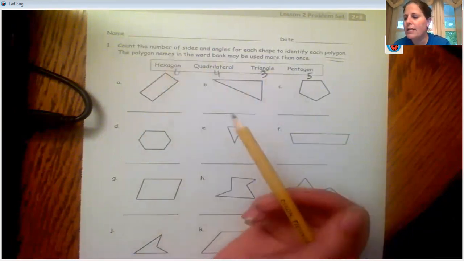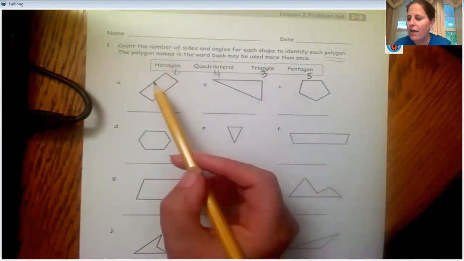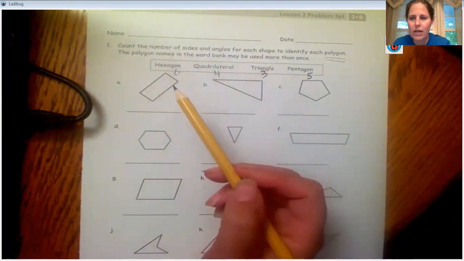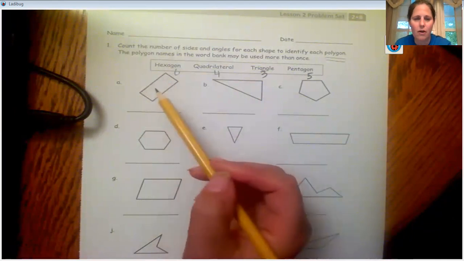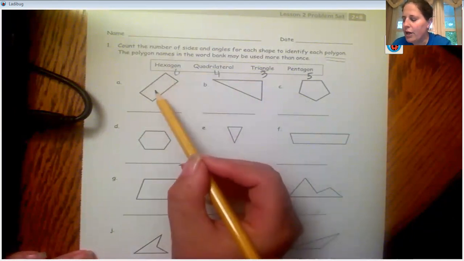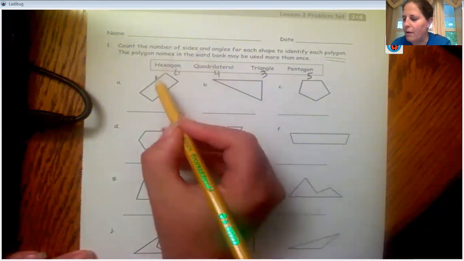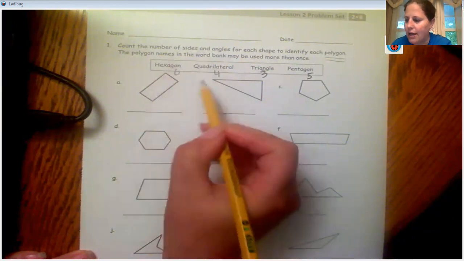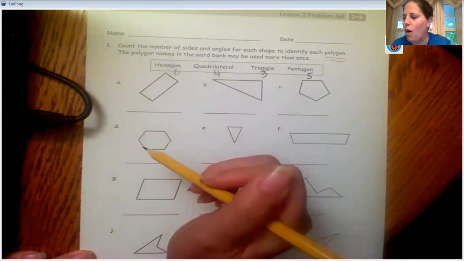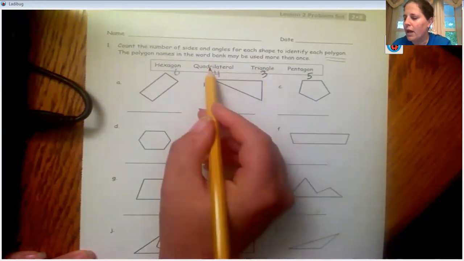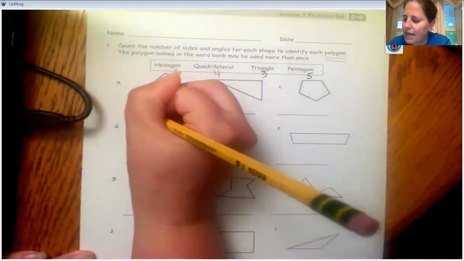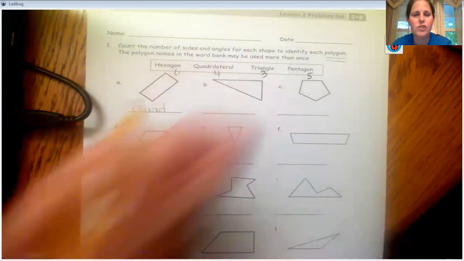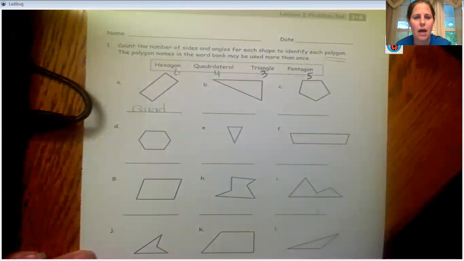And remember in lesson 1, we figured out that the number of sides is equal to the number of angles. So when I look at my first shape here, I see 1, 2, 3, 4 sides. So I know that's a quadrilateral. I'm just going to write quad to save us some time.